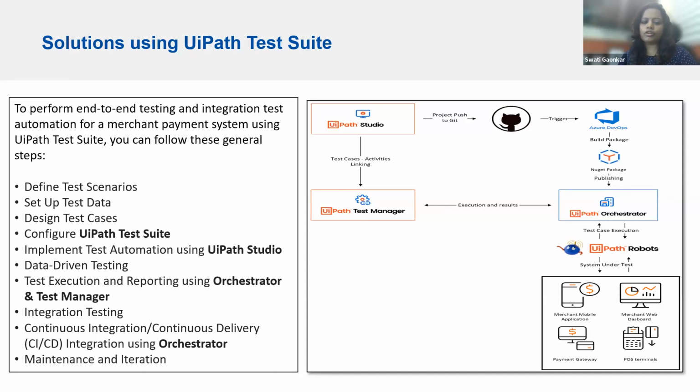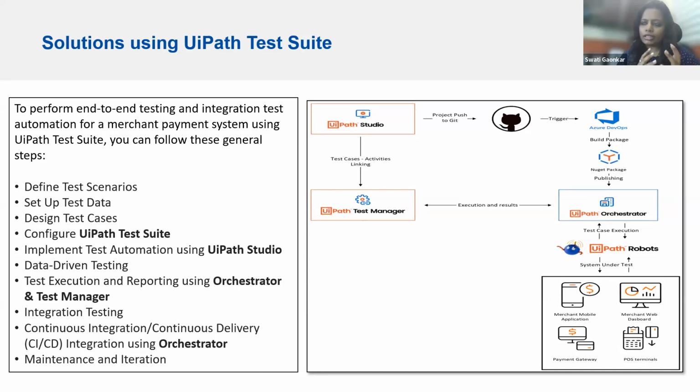Then test execution and reporting using the orchestrator and test manager, which is a very important part, where test manager will have all the details related to test cases, and orchestrator will be used for execution of the test cases. So we can schedule the test cases by using the orchestrator. You will get the report using that. So that is a very important part.